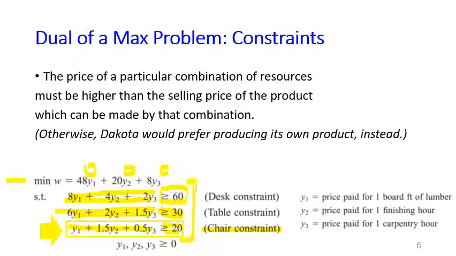Because by producing those products, I can sell them at a better price than if I sell to you when you offer the prices of y1, y2, and y3. So the person who wants to buy the resources of Dakota must set the prices such that they satisfy all the constraints, while at the same time trying to minimize the total price that he or she needs to pay to Dakota.